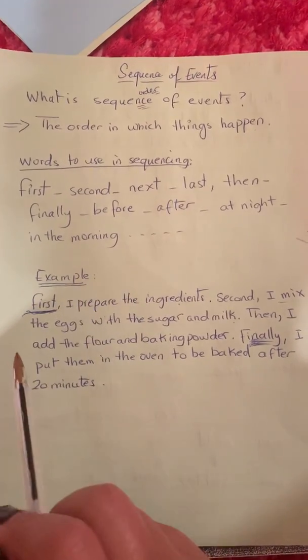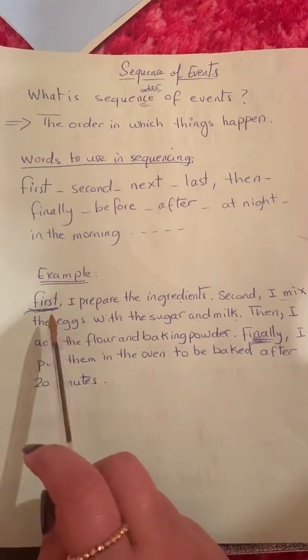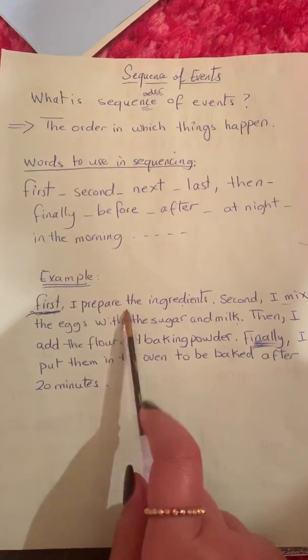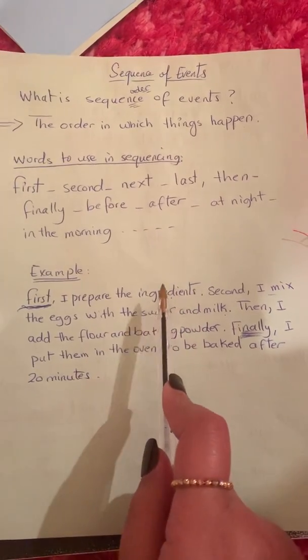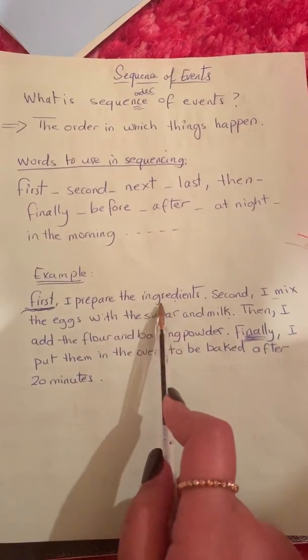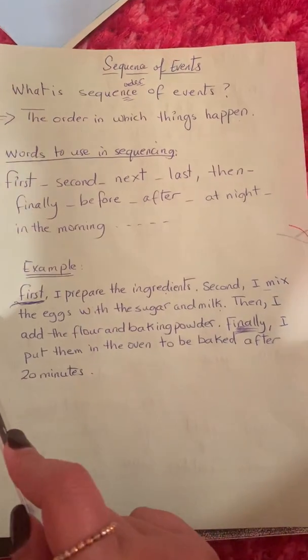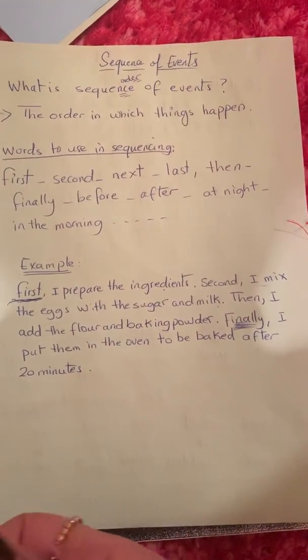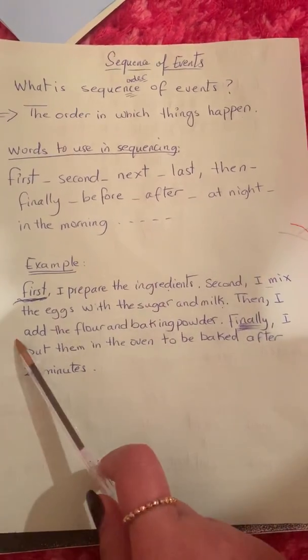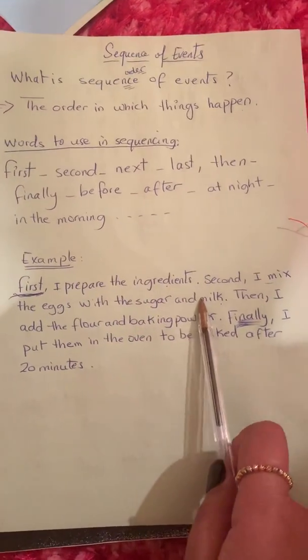If you want to make a cake, for example, first I prepare the ingredients. The ingredients, we mean the things or the stuff that you need to make the cake, like flour, oil, milk. Okay. Second, I mix the eggs with the sugar and milk.